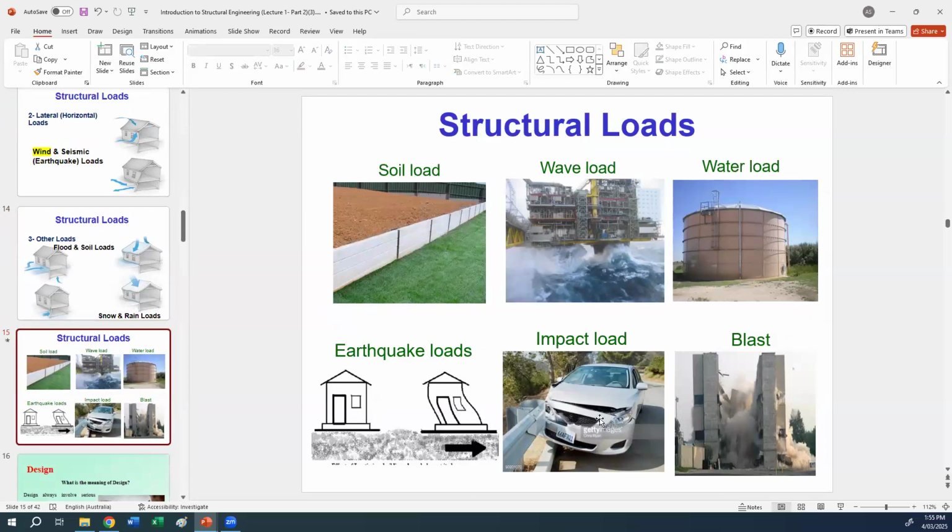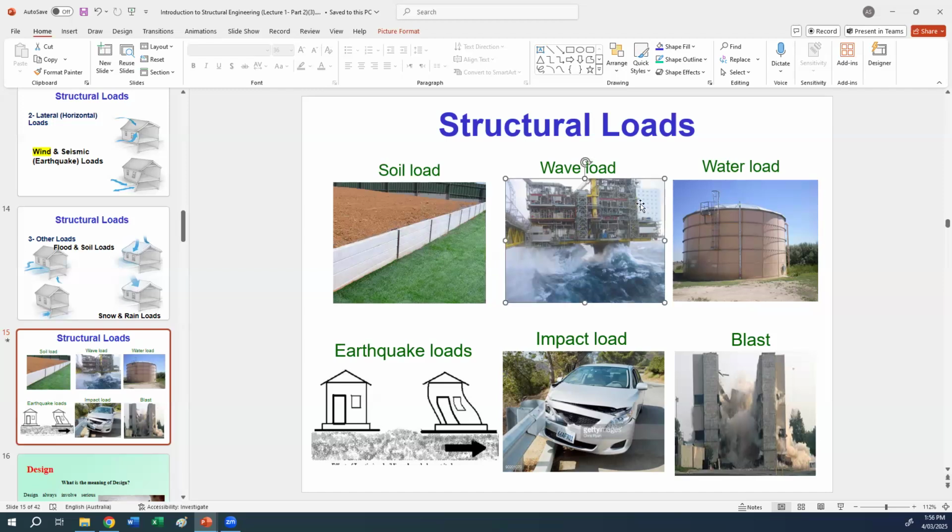And here are some examples of loads. For example, if you have a retaining wall and you have soil higher on one side than the other, the soil on the left side is causing soil load or earth pressure on the retaining wall.